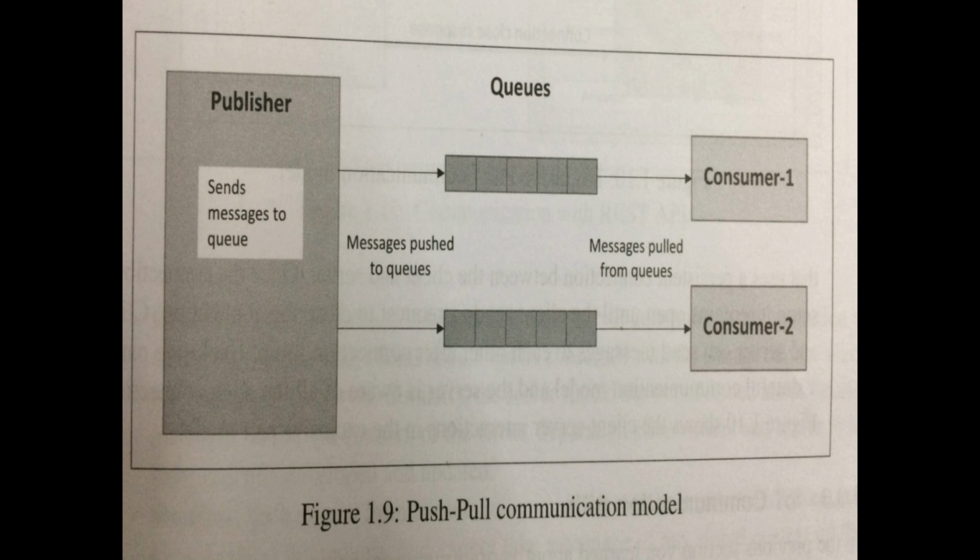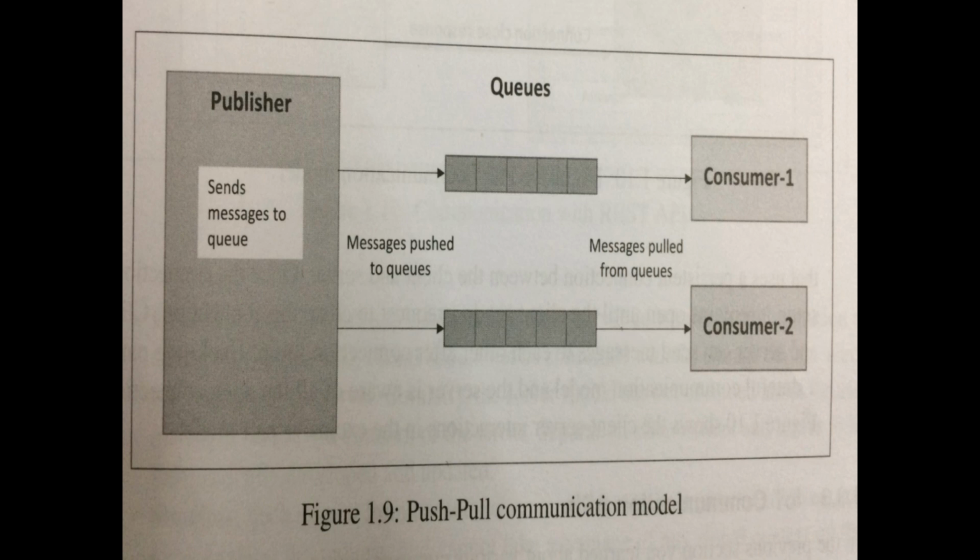The push pull communication model sends messages to a queue. Messages are pushed to the queue, and messages are pulled from the queue and sent to consumer 1 and consumer 2 if there are two consumers.